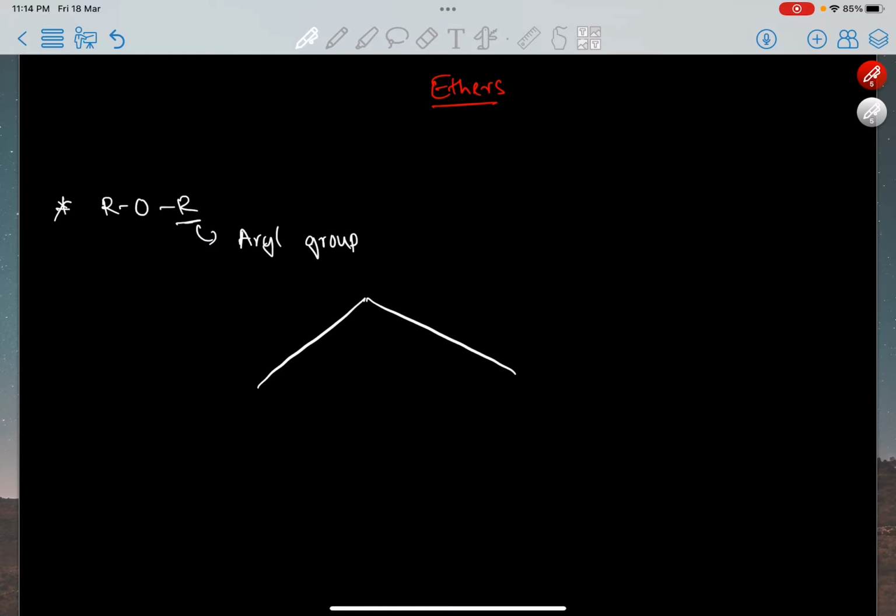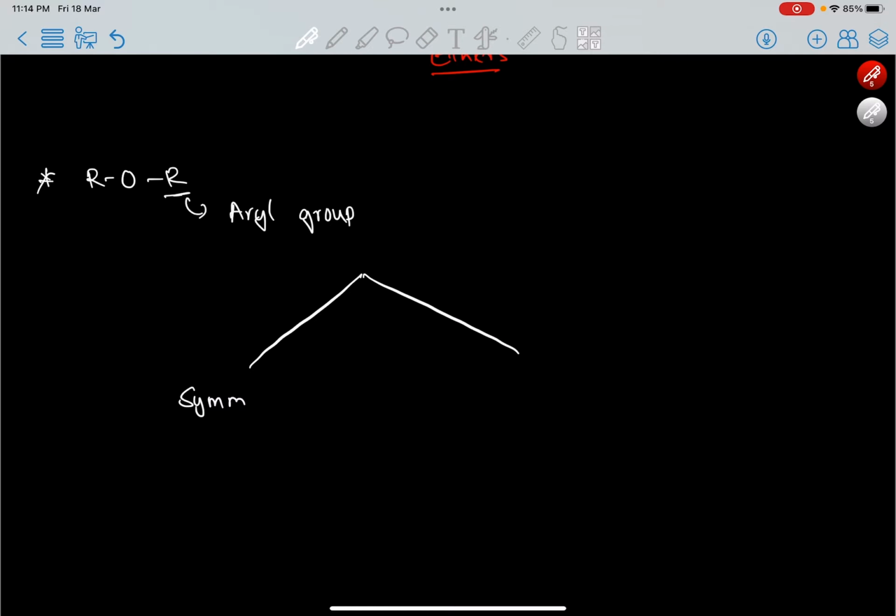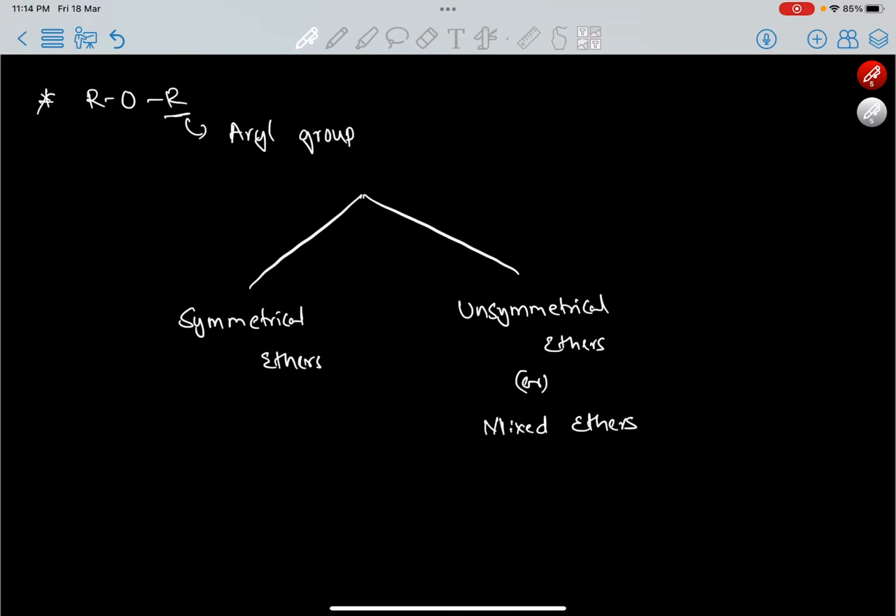What are they? They can be symmetrical ethers or they can be unsymmetrical ethers. These unsymmetrical ethers are also called mixed ethers.